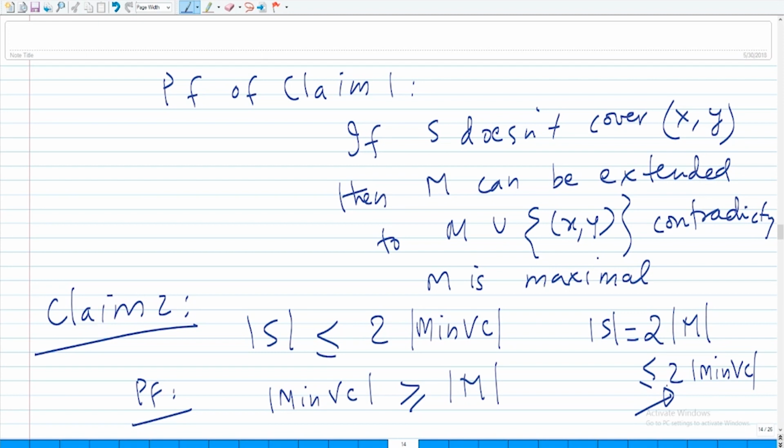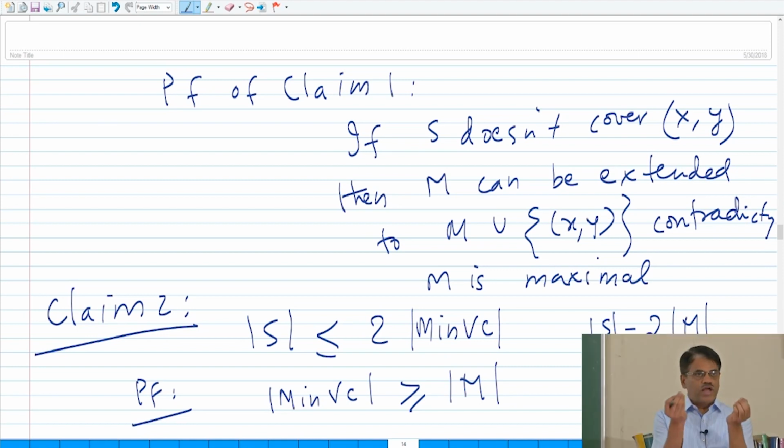Improving the approximation ratio for minimum vertex cover beyond 2 is a famous open problem, and it is believed, again like the P not equal to NP conjecture, that you cannot do better than 2 unless some collapse happens. If P is equal to NP, then you can actually find the minimum vertex cover, so you can make it 1. But if P is not equal to NP or under some other conjectures, it is believed that you can't improve the ratio beyond 2.